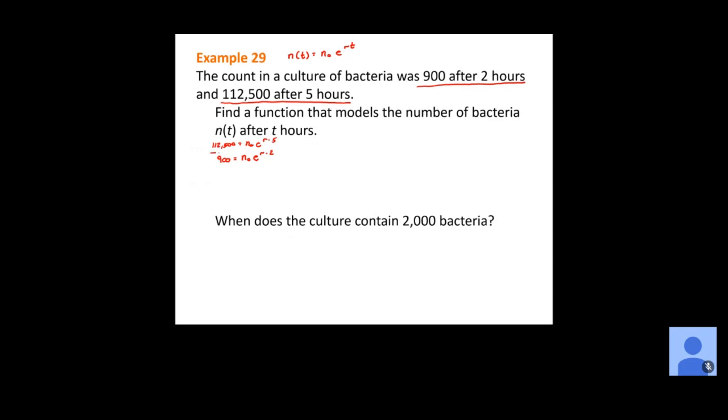And like you said, now we can set up that proportion. We can divide these. So now if I divide that, 112,500 divided by 900 on the left should give us 125. What are we going to get when we divide the right-hand side?